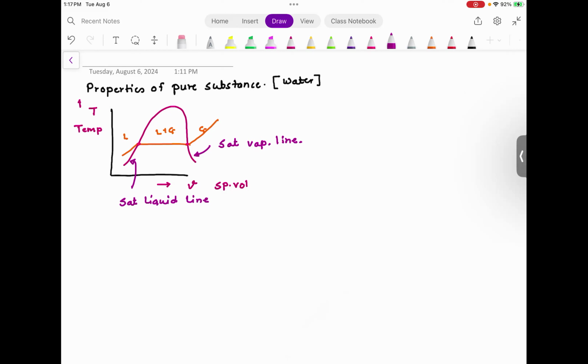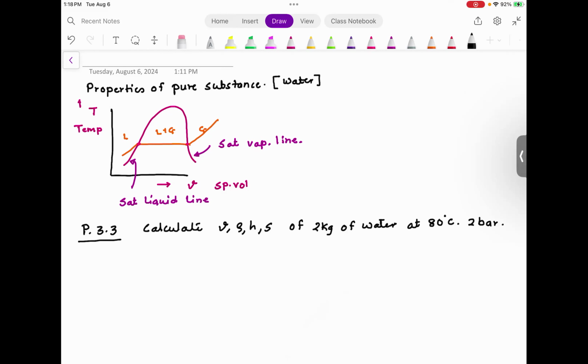Now I will work out the next problem, which is problem 3.3. Calculate volume, density, enthalpy, and entropy of 2 kilogram of water at 80 degrees C and 2 bar.